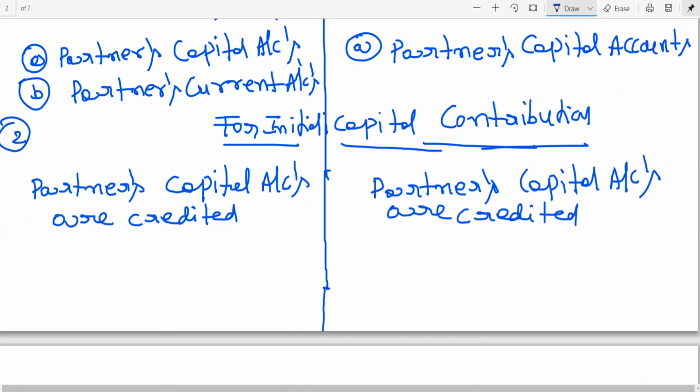Then third point, for additional capital contribution.